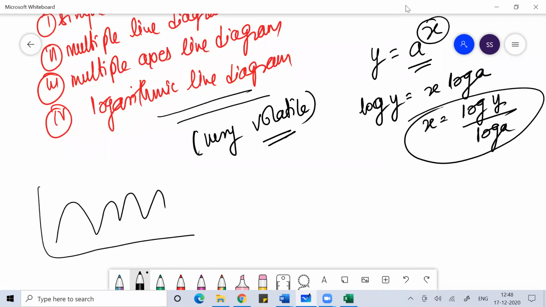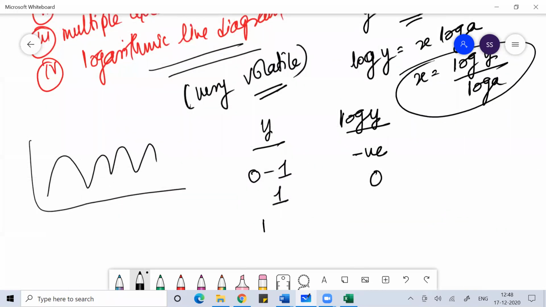I believe everyone knows that we can never find the log of a negative value, and log 0 is not defined. Any number between 0 and 1 has a negative log value. Log 1 is 0, while any value between 1 and 10 has a log between 0 and 1.